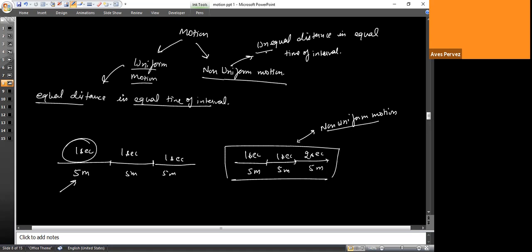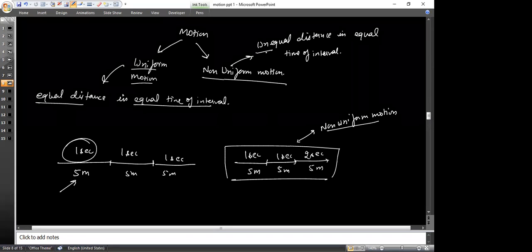Let me ask one simple question. Give me an example that you see in your daily life that is moving with a uniform speed, that is performing uniform motion. Just think around your room, in your daily life. Ceiling fan moves in uniform motion, sir.